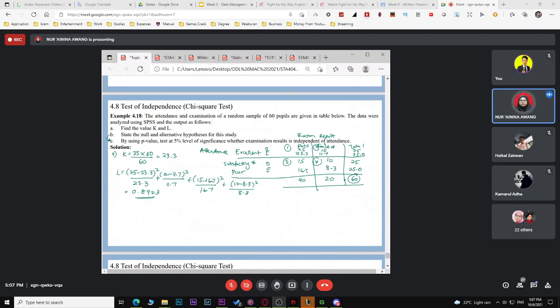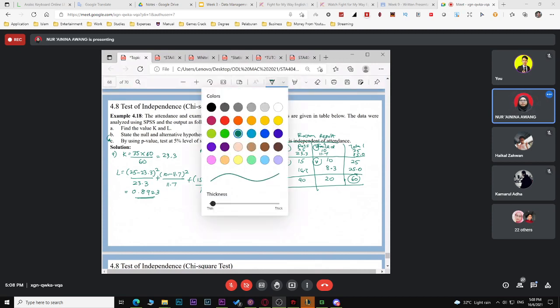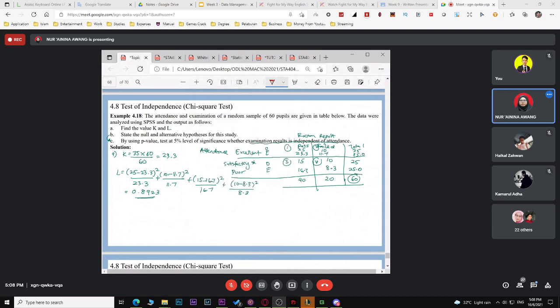Okay, so in this case, by using p-value, test at 5% level of significance whether examination result is independent of attendance. So your hypothesis for B should be this one. Your H0, examination result is independent of attendance, while your H1, examination result is dependent on attendance. Okay, so for B, just write the question.